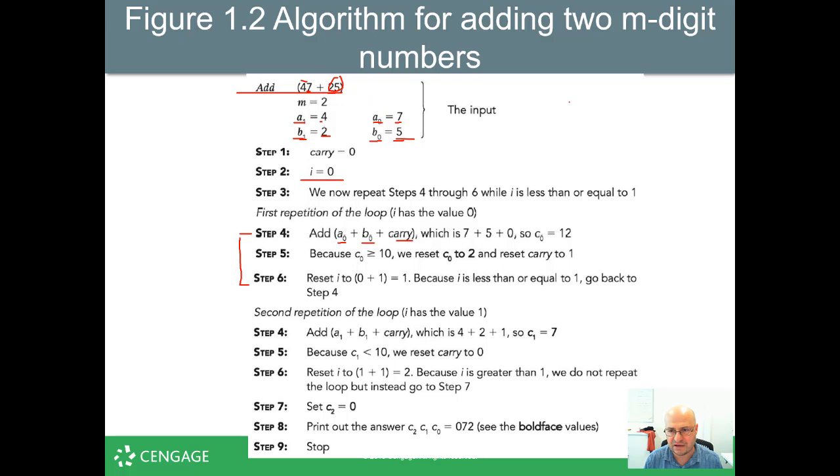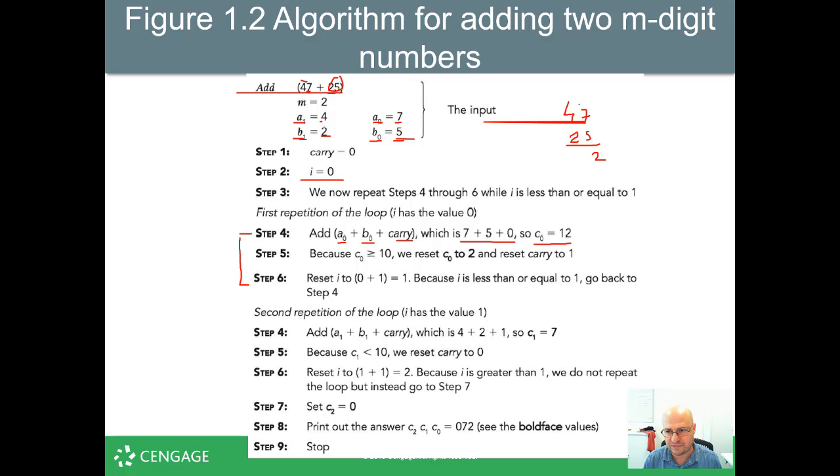It's exactly what we do every day when we are summing any types of number. So a0 plus b0 plus the carry digit is 7 plus 5 plus 0. So the result I'll put in this variable c0, which is 12.